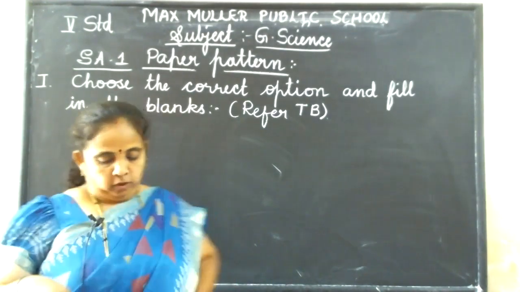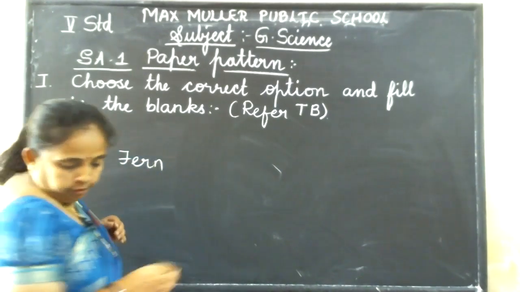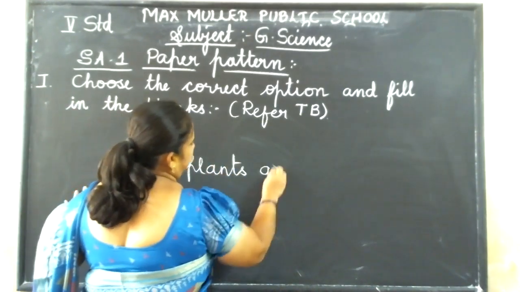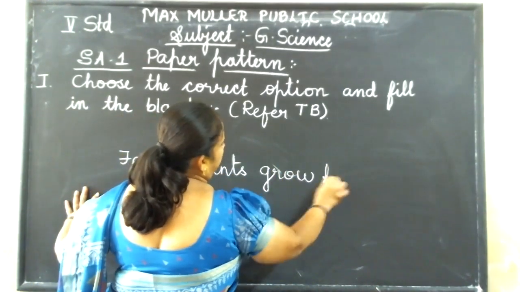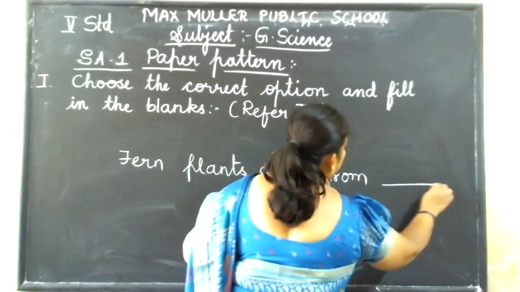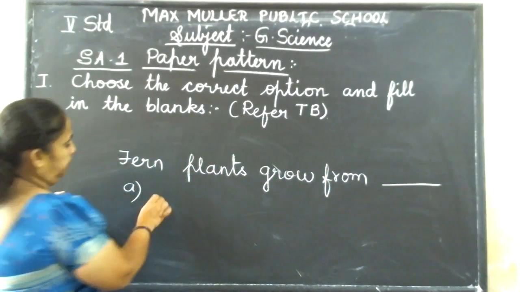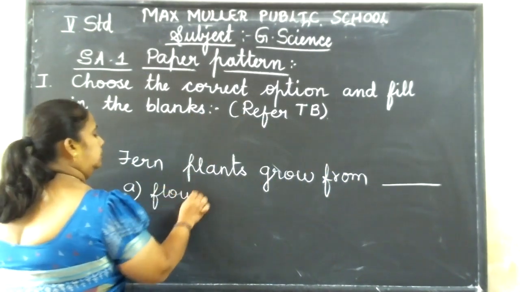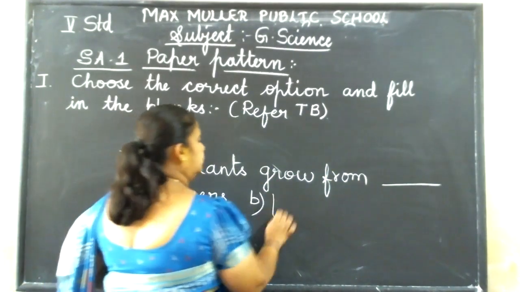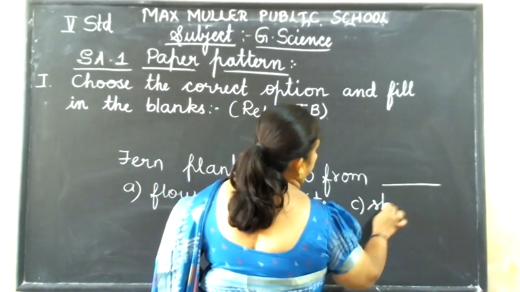Okay. So one I'm going to show. See here, for example, the 5th one, fern plants grow from dash. They have given dash here. So options are A, flowers, B, fruits, and C, spores.